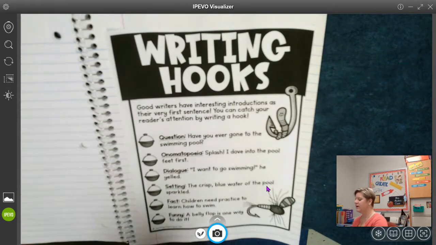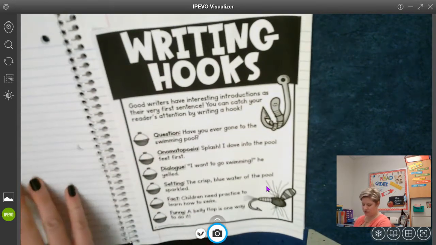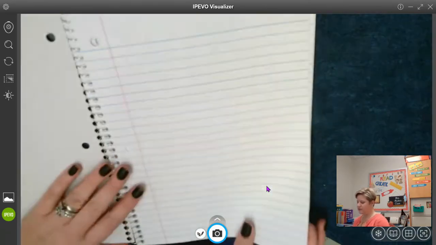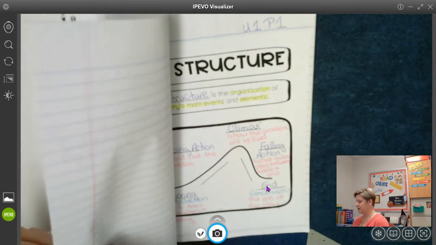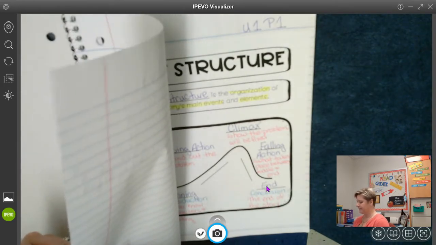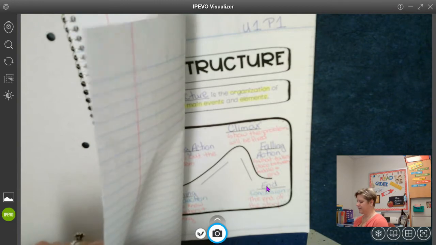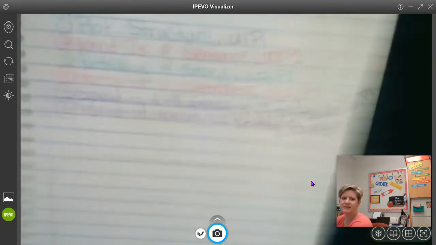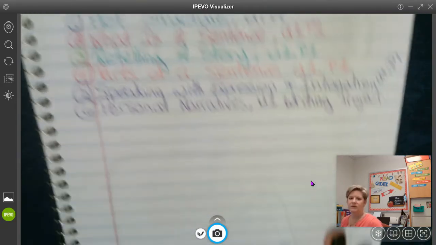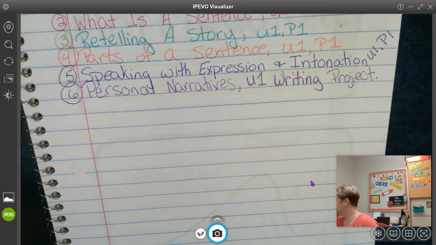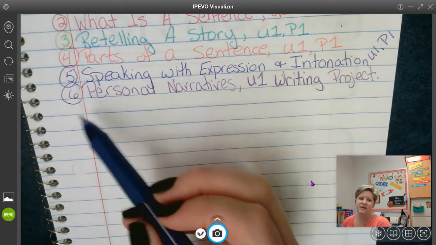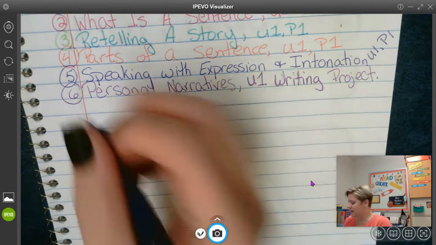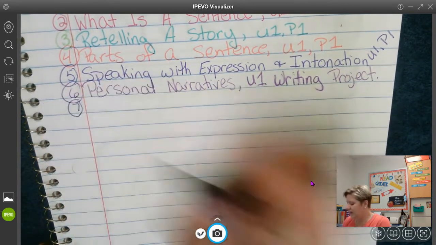Okay, so I have my notebook page glued down. I'm going to turn it over to my table of contents. Maybe my pages are sticking. Okay, let me pull this down so you can see it a little clearer. Let me get my pen. So I am on page number 7. You might be on a different number, and that is perfectly okay.